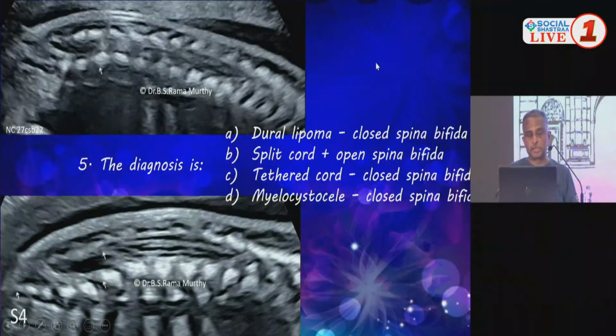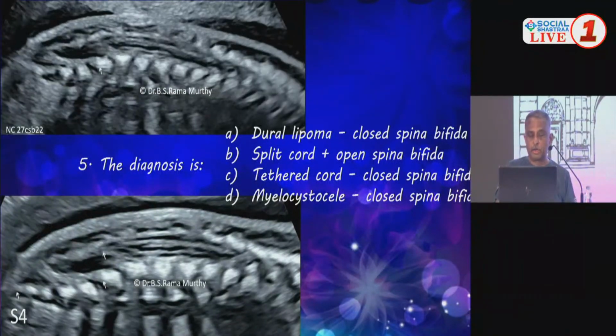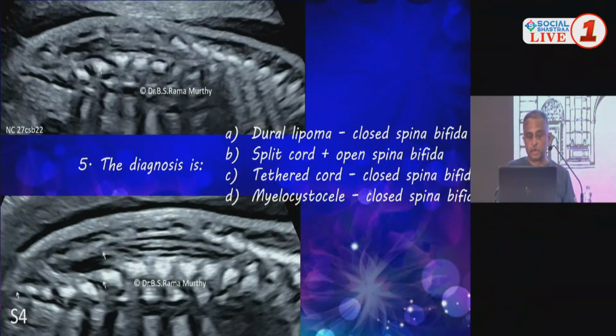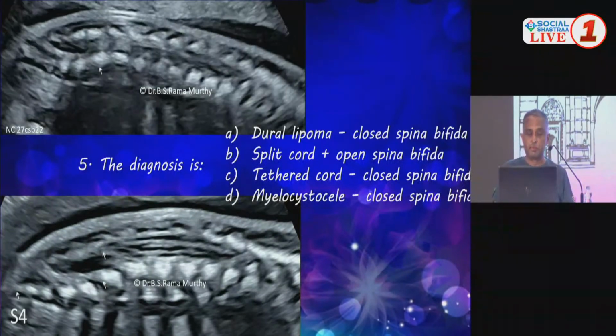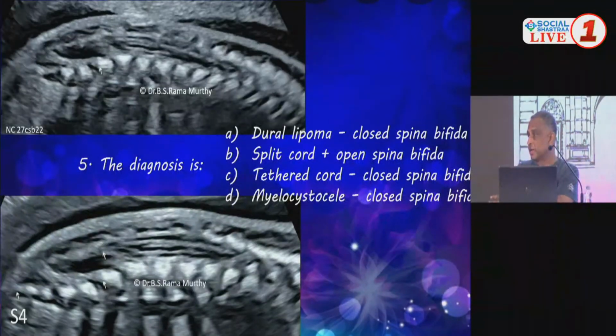Your choices are dural lipoma, closed spina bifida; split cord, open spina bifida; tethered cord, closed spina bifida; myelocystocele, closed spina bifida. Your timing starts now. Please start off.